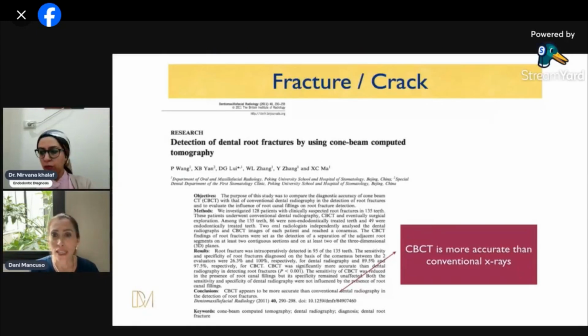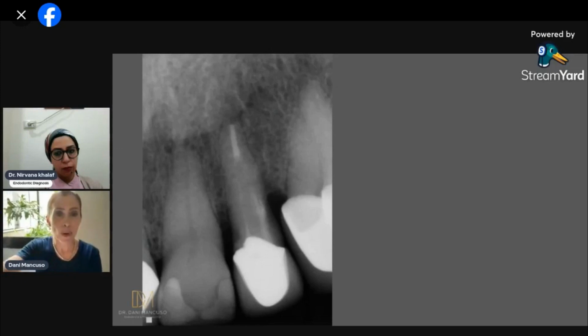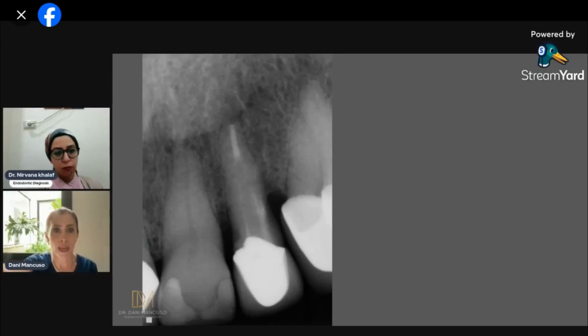So fractures and cracks, as I said, the CBCT is more accurate than conventional x-rays, and this is for root fractures. But this case is an interesting case because it looks like there is a post over here, or something like a post, because you can see the cement in the walls, and the root filling.